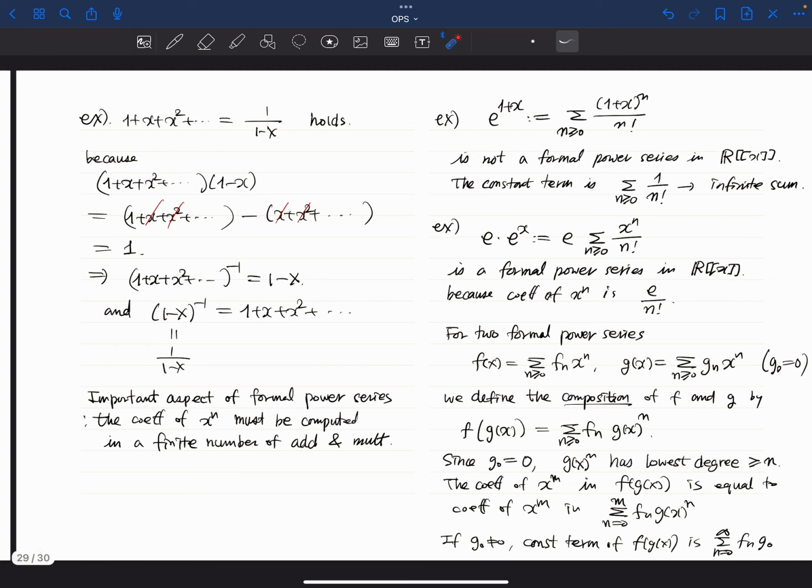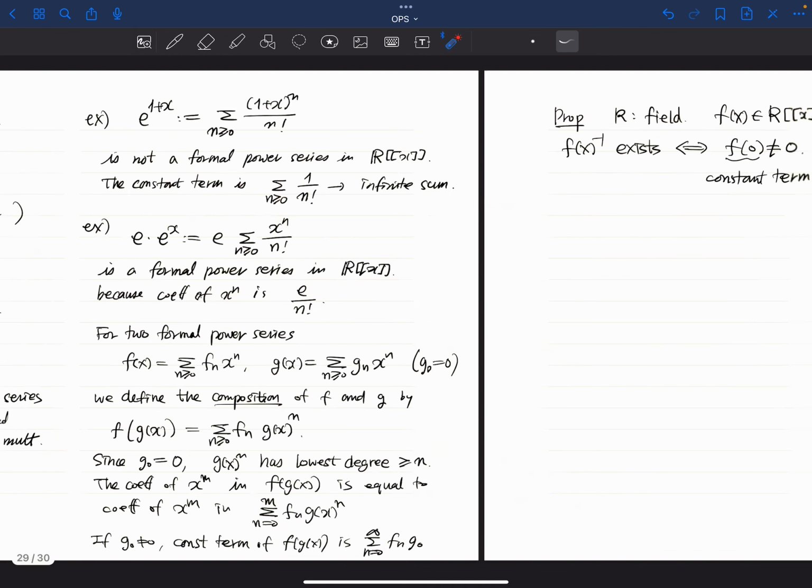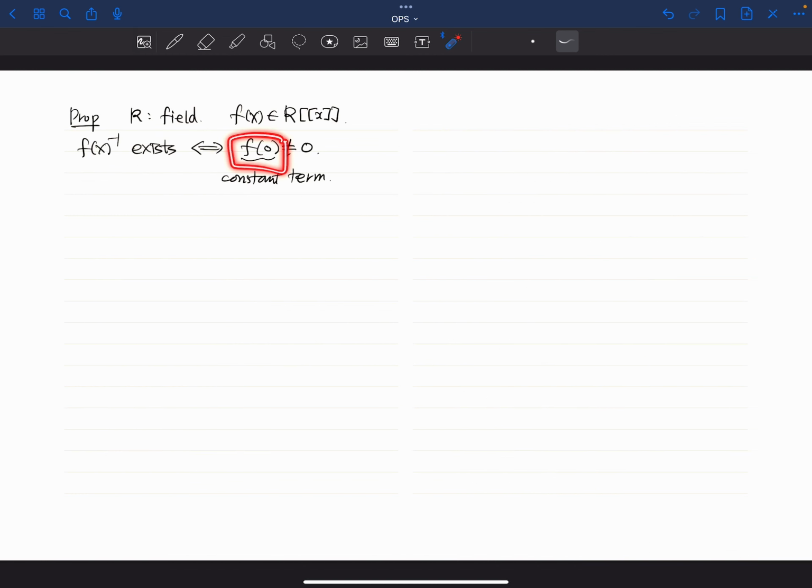So for example, imagine what happens if x equals 0. These all disappear. So this is the constant term, and that's why we write the constant term in this way. And you can think of this as the same thing as substituting x equals 0 in the power series. All right. So the multiplicative inverse exists if and only if the constant term is non-zero.